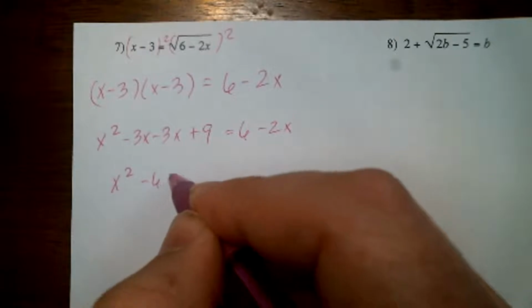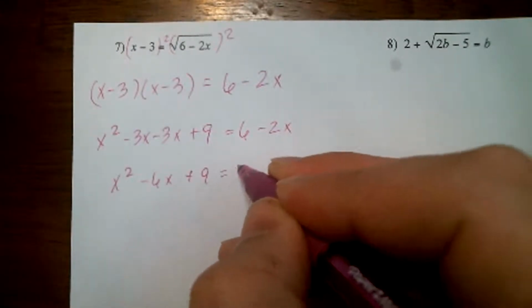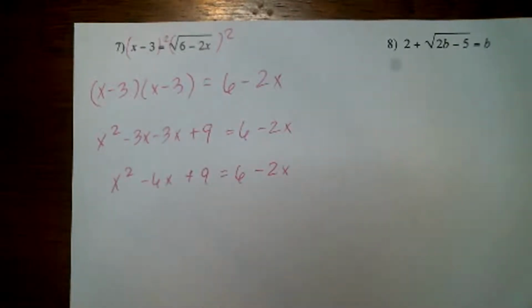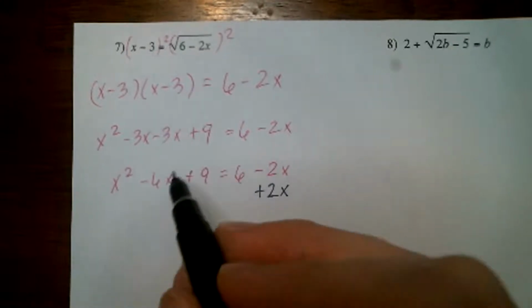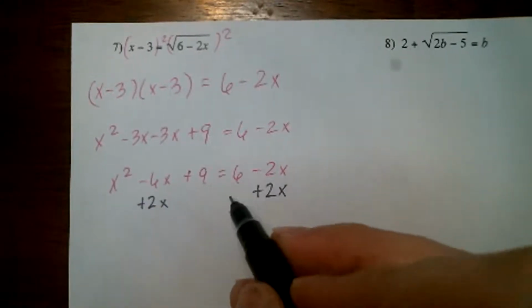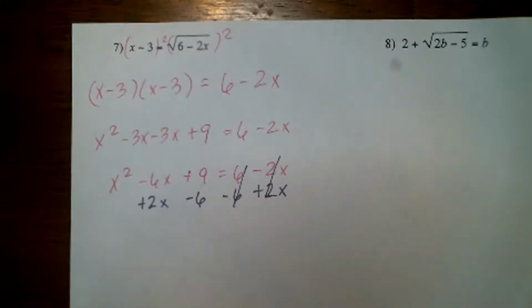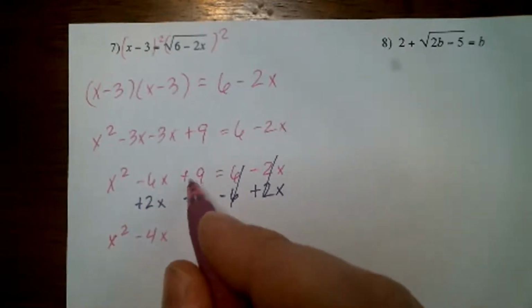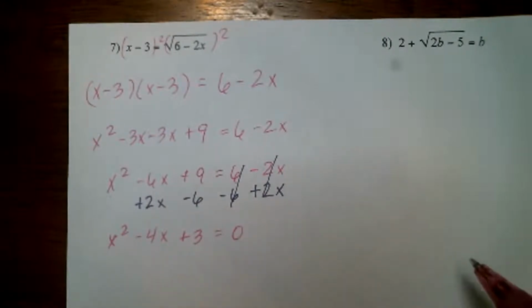Actually, x squared minus 6x plus 9 is equal to 6 minus 2x. Add 2x to both sides. Subtract 6 from both sides. Cancels, cancels. x squared minus 4x plus 3 equals 0.